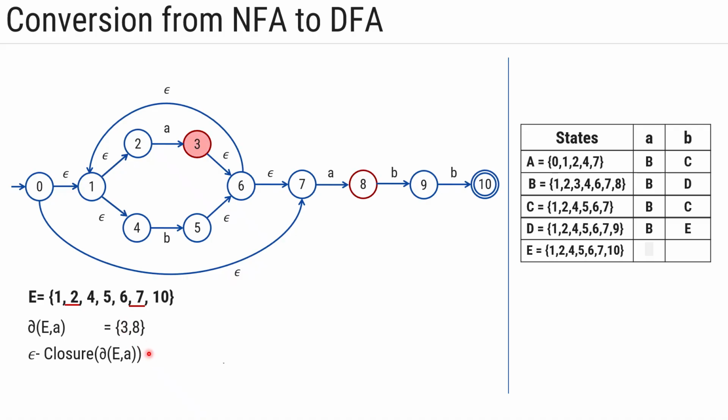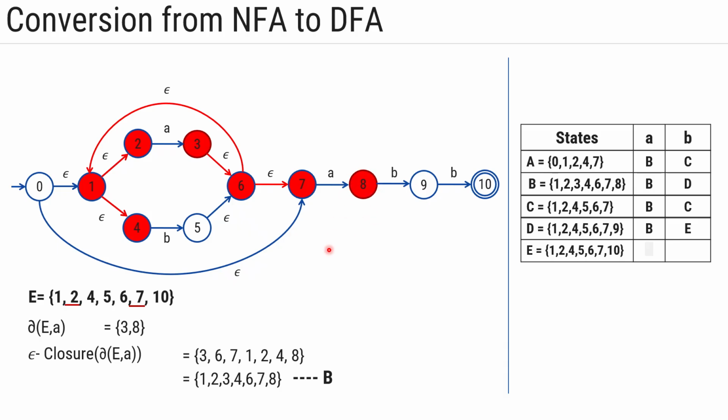The e-closure of 3 will go to 3, 6, then 7, 1, 2 and 4, and the e-closure of 8 is 8 only. So which is similar to B only.